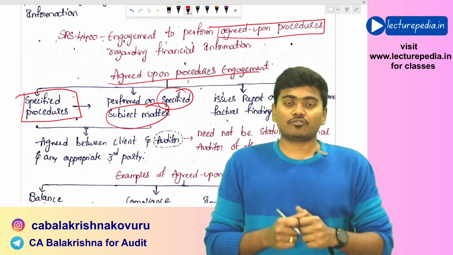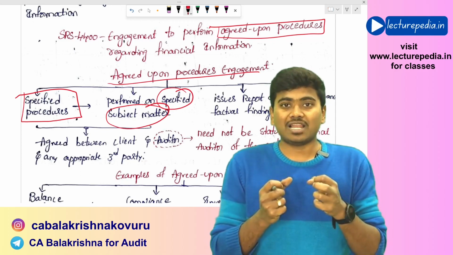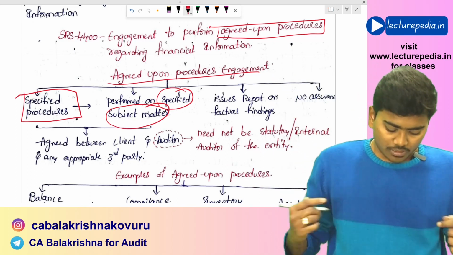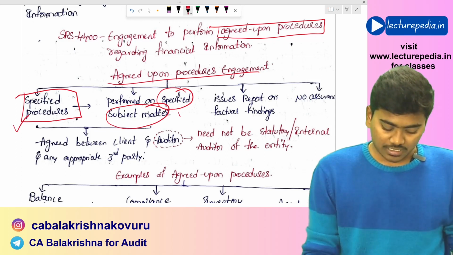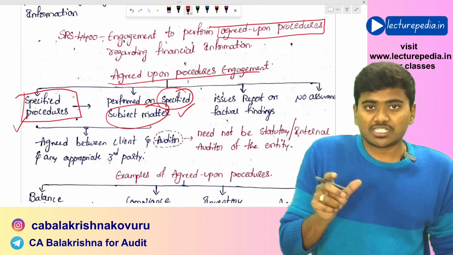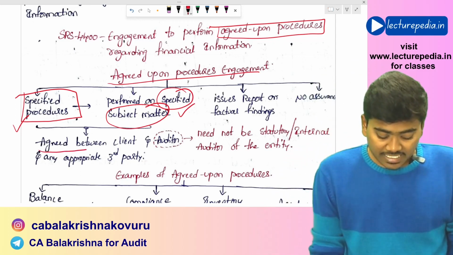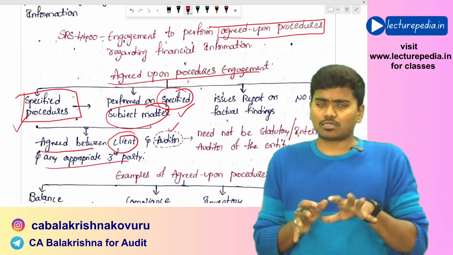Prior to acceptance of the engagement itself, the auditor and management both will agree. And you can find here that these specified procedures and the subject matter on which they have to be performed will be agreed between the client, the auditor and any appropriate third party.